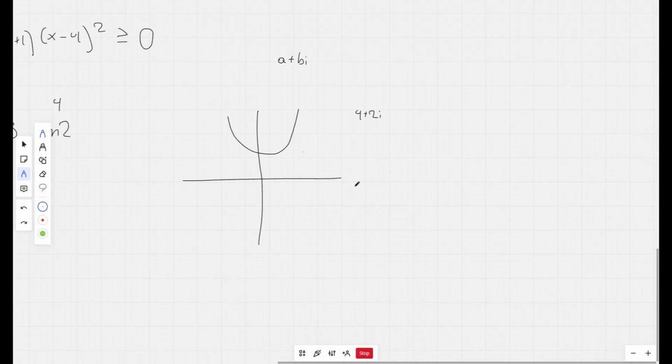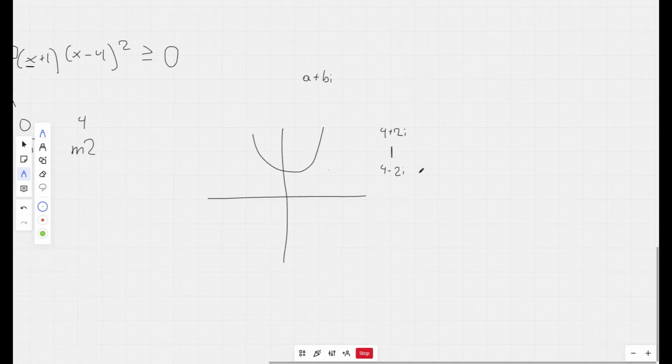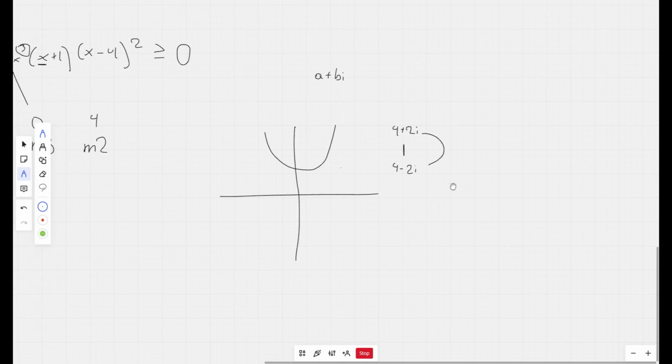Think of it like you're changing what's inside of the sandwich, right? You're not changing what's on top of the bread, what's in the bread. Nothing in the bread changes. You're just changing what's in the sandwich. So 4 minus 2i. Boom, pair. So it's 2 roots. That would be your answer. You'd have 2 roots, and those would be it. That's the conjugate pair.